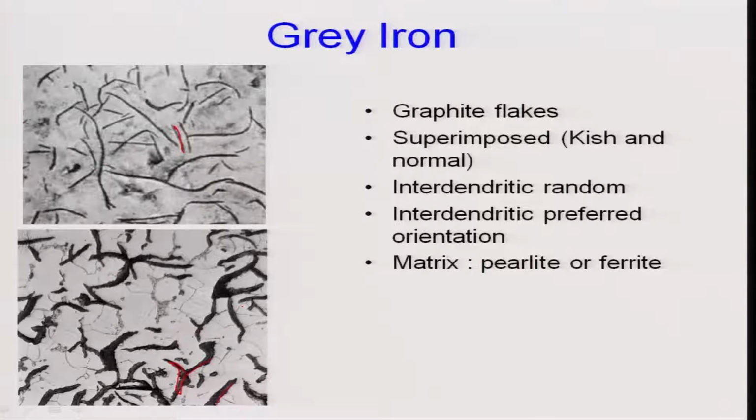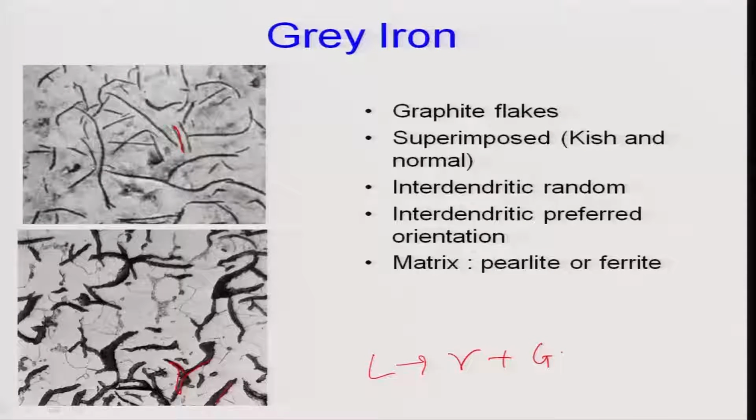The matrix can be both pearlitic or ferritic. That depends upon the carbon concentration you have taken initially. Very simple. Suppose I have a eutectic reaction taking place, so liquid going to gamma plus graphite, and if I keep it at high temperature, high means above the eutectic transformation temperature, above the A1 temperature, for a long time, what will happen?